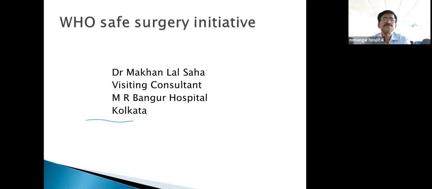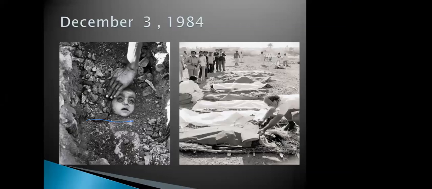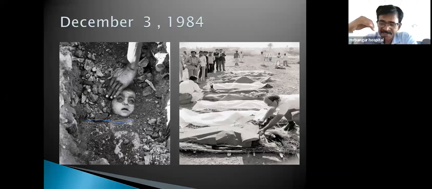So it's the WHO safe surgery initiative, and this WHO safe surgery initiative came after a lot of discussions. If you see this picture, it's a picture from long back, December 3rd, 1984. This is a famous picture which came after the Bhopal gas tragedy.